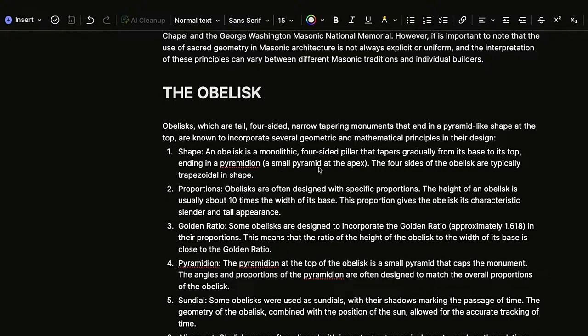The obelisk is a monolithic four-sided pillar that tapers gradually from its base to its top, ending in a pyramidion, a small pyramid at the top of the apex. The four sides of the obelisk are typically trapezoidal in shape. The proportions. The obelisks are often designed with specific proportions. The height of the obelisk is usually about 10 times the width at its base.